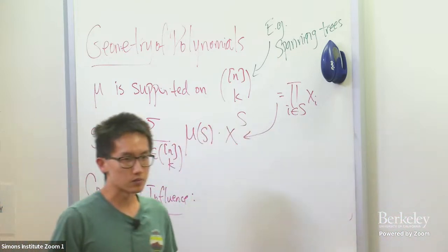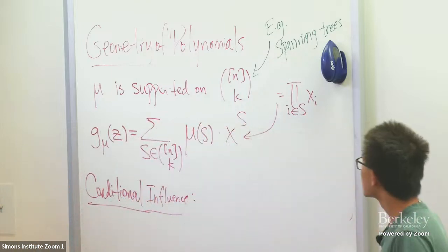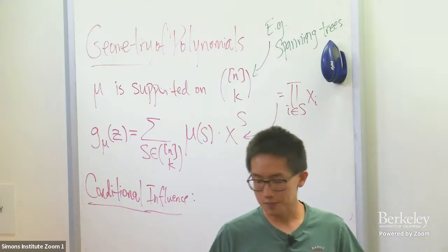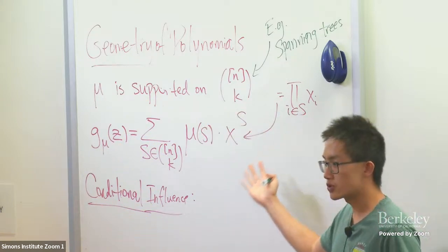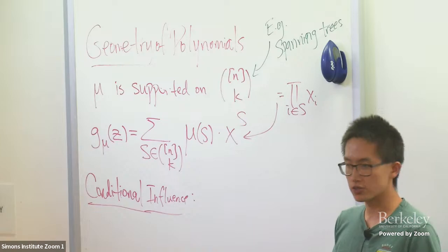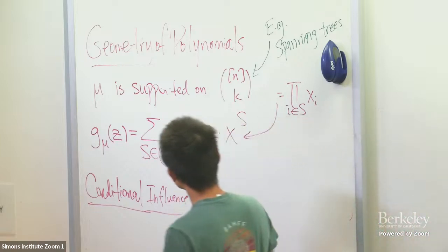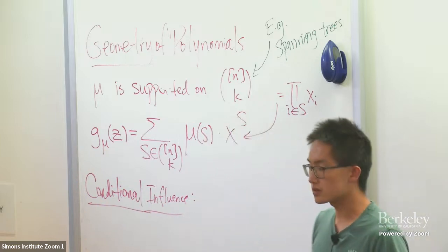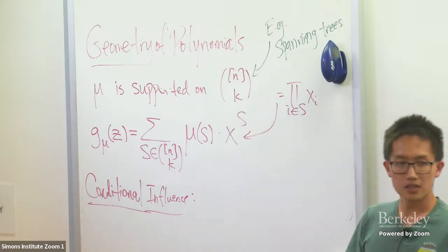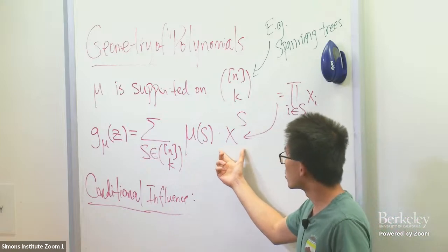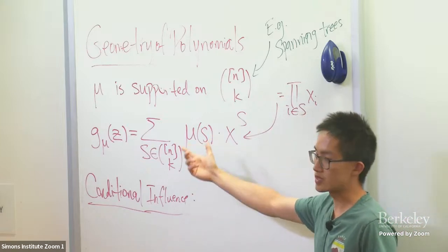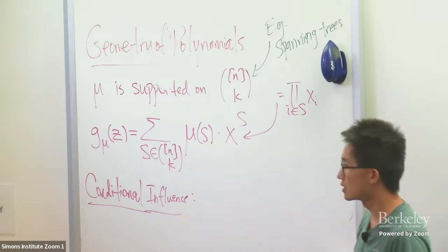So what is the rough theme behind this type of approach? Well, the theme is the following. I have a distribution over collections of stuff, and I can encode this distribution using a big multivariate polynomial. I have a variable z_i for every element in the ground set of my distribution, and then a monomial and a coefficient for every set in the support of the distribution.